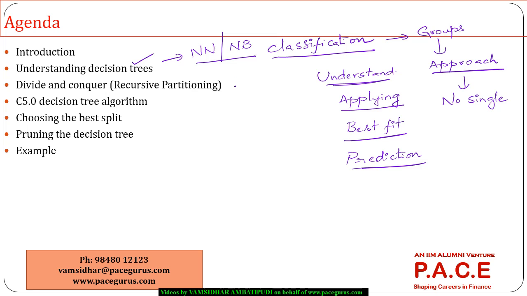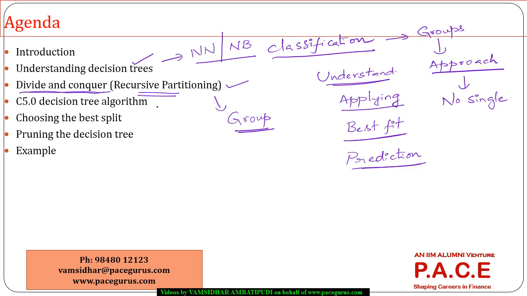Now, just to have a good understanding, decision trees do the classification of the data based on a mechanism called divide and conquer. Otherwise, we also call it recursive partitioning. So we will be understanding what this mechanism is all about. It divides the whole data into different groups, and based on that assigns the group membership to each of the records.